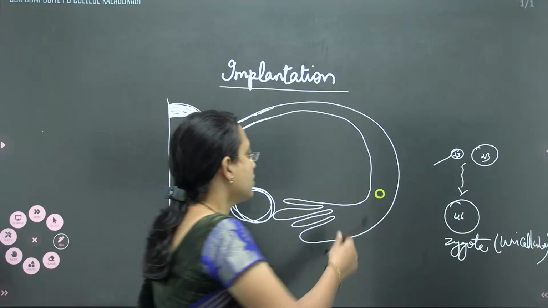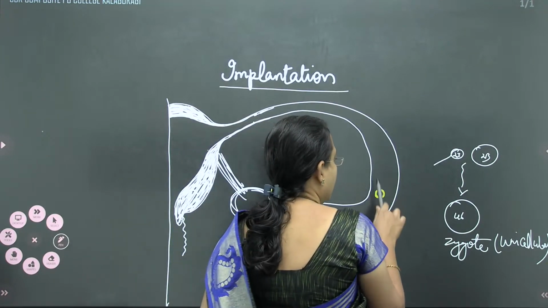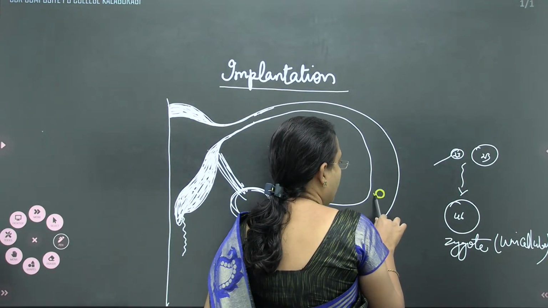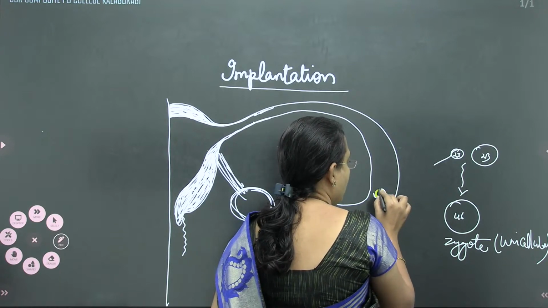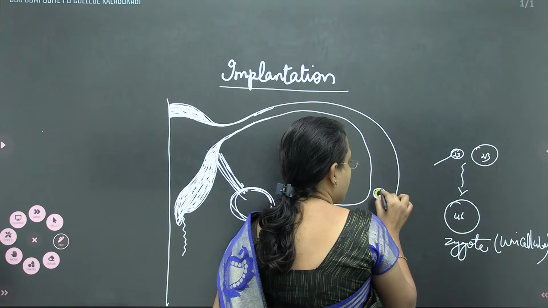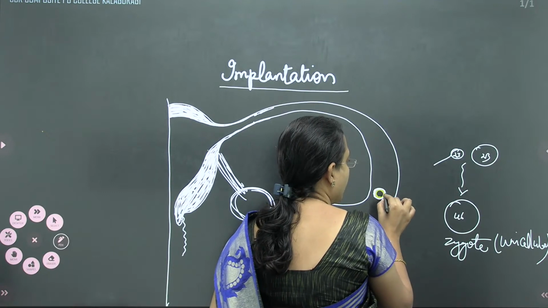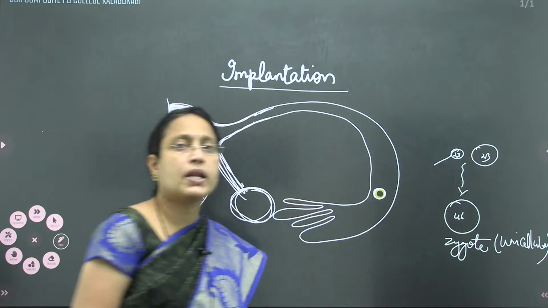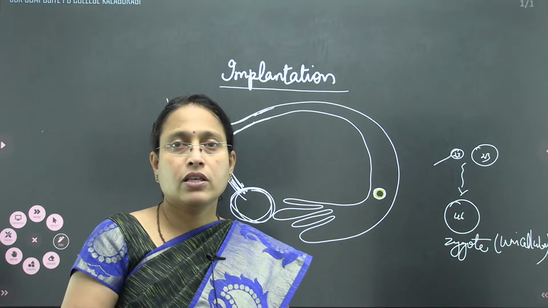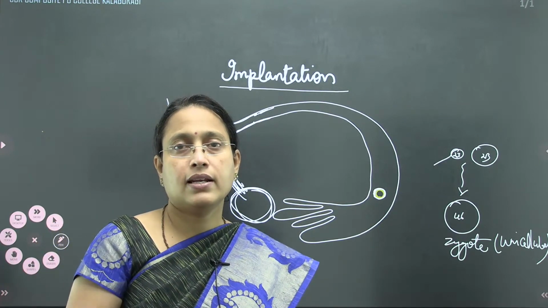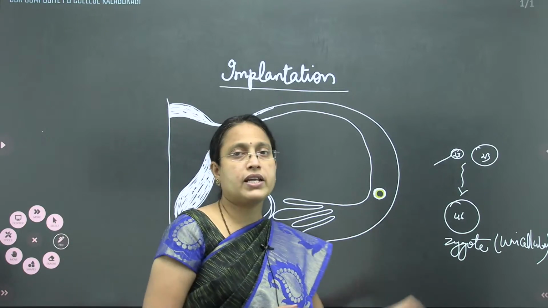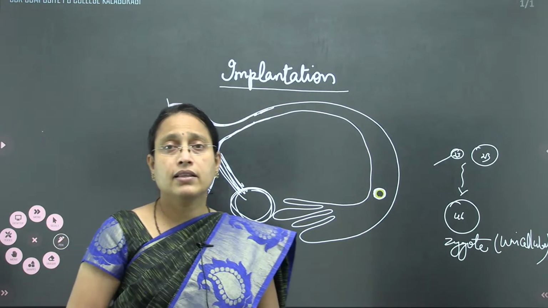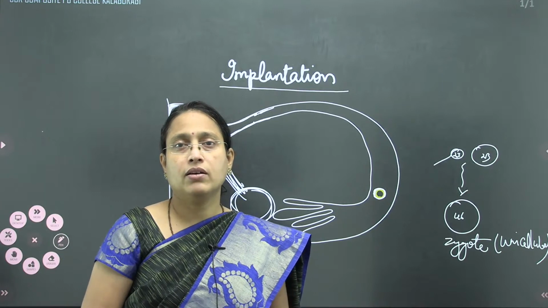Okay. So this is the zygote. It will be surrounded by a membrane called zona pellucida. So the surrounding membrane will be called zona pellucida. Surrounding the zygote, which I have represented in the form of white coloration here, is nothing but the zona pellucida.